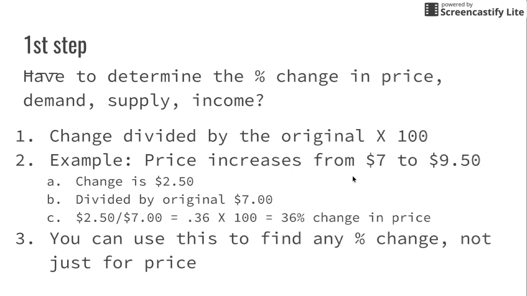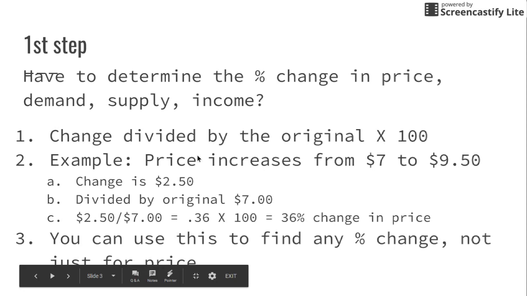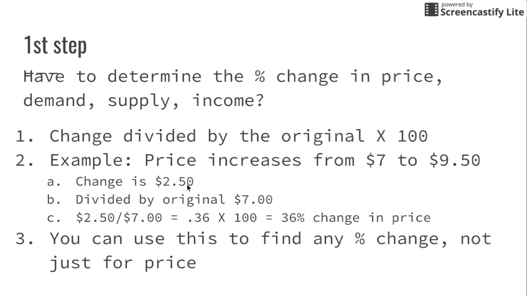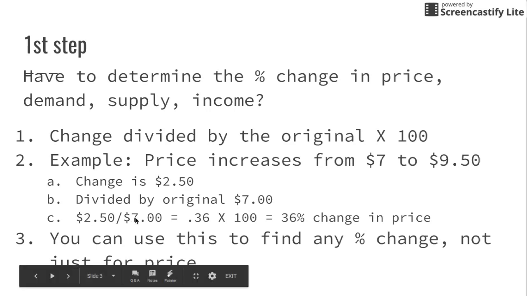All you have to do is determine the difference between the original price and the new price. That's the change. You divide that by the original. So, for example, here the price went up from $7 to $9.50. The difference is $2.50 divided by 7. So $2.50 divided by 7 is 0.36.